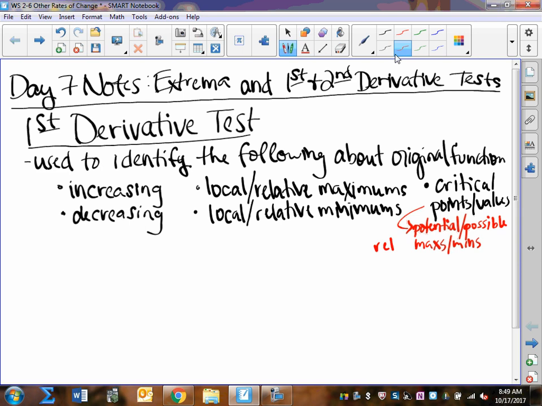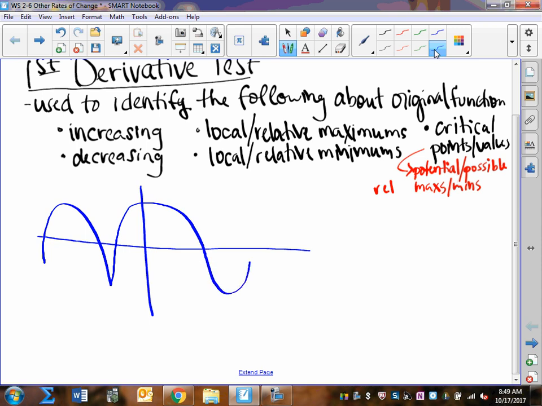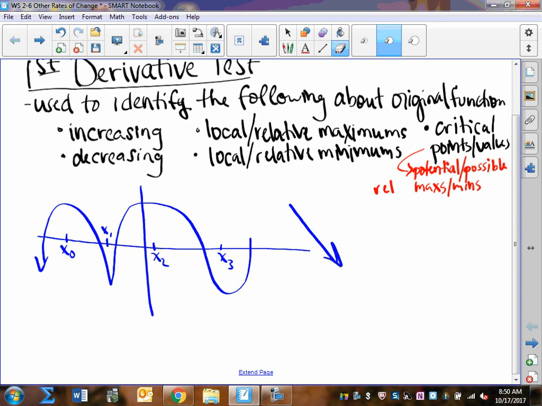I'm just going to go straight into this picture here. We're going to draw kind of a crazy graph, with x sub 0, x sub 1, x sub 2, x sub 3, and x sub 4.